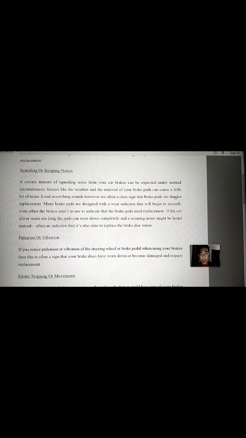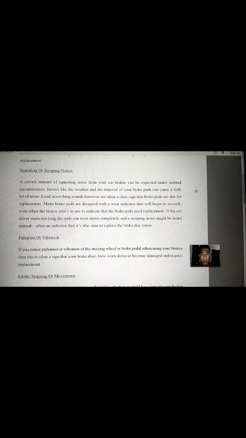A certain amount of squealing noise from your car brakes can be expected under normal circumstances. Factors like weather and the material of your brake pad can cause a little bit of noise. Loud scratching sounds, however, are often a clear sign that brake pads are due for replacement.